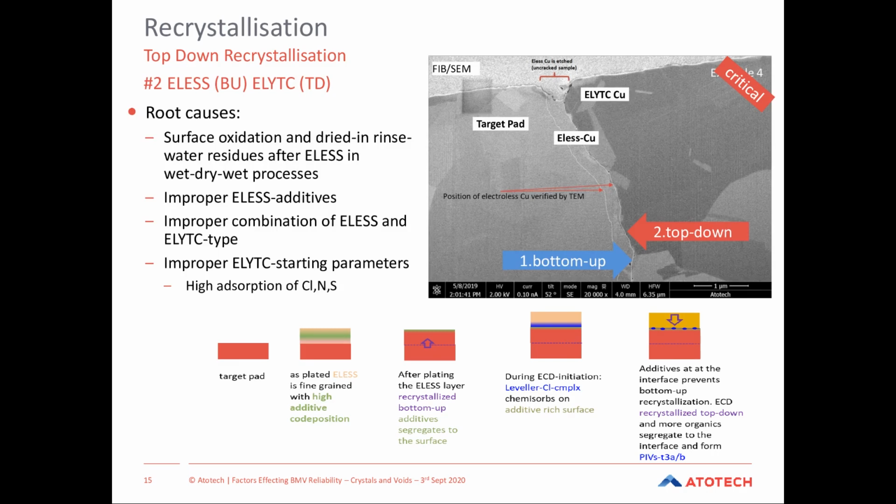Because there is also a high level of additives at the surface of the electroless, we then see a higher co-deposition from the electrolytic additive system as well, which further pins diffusion, so the electrolytic then plates top-down as well. Physically, it would look very similar to the previous case, unless you know exactly where your electroless layer is. Actually, the diffusion has gone through the electroless layer and then has been pinned at the grain boundary system before the electrolytic system as well.